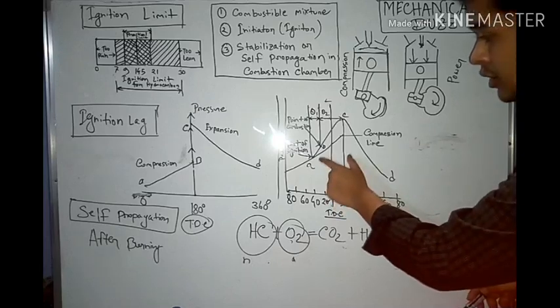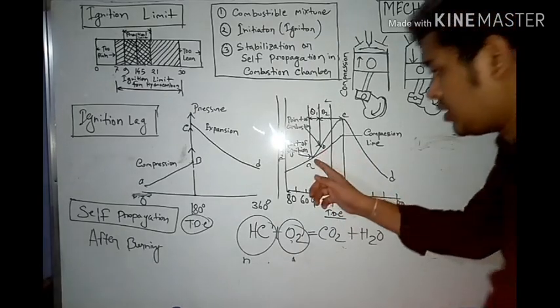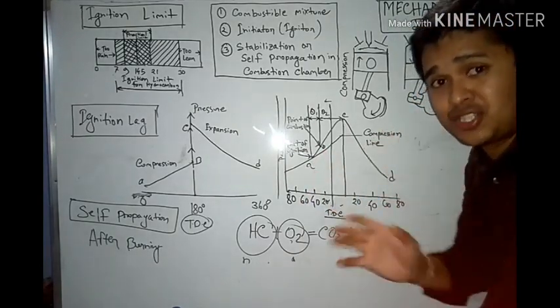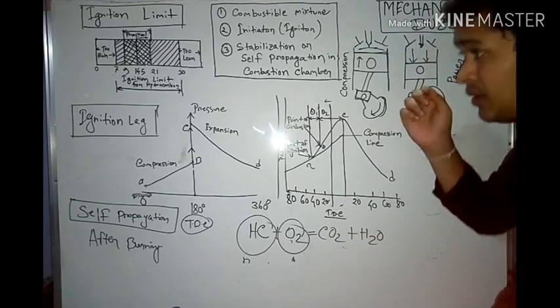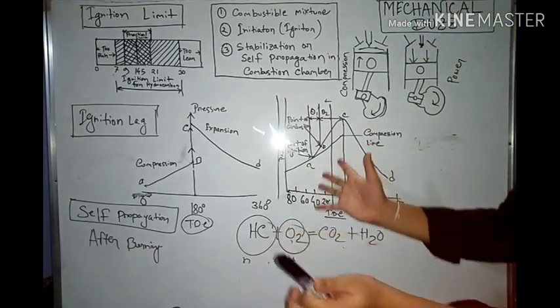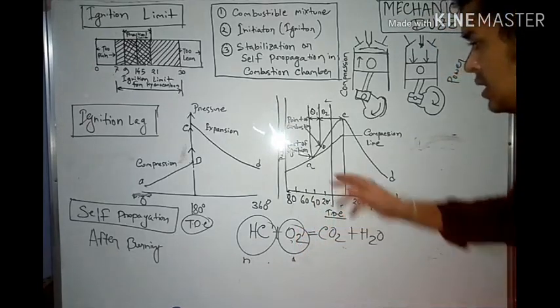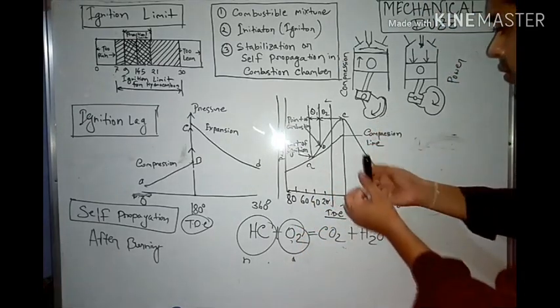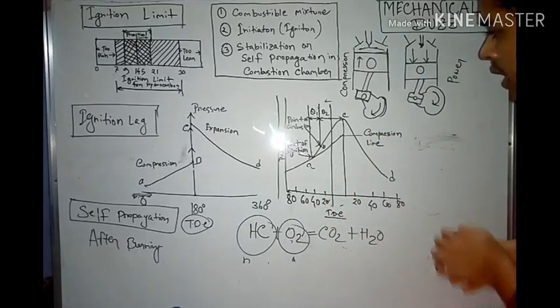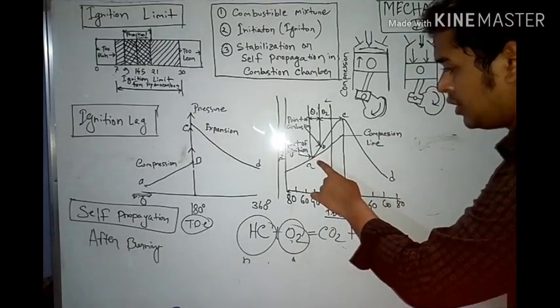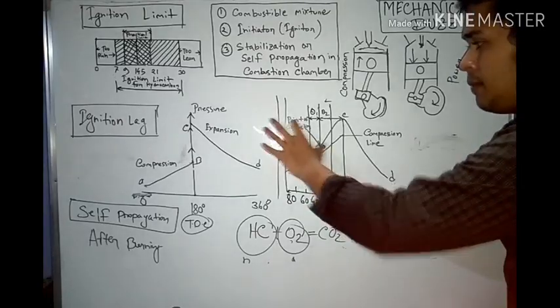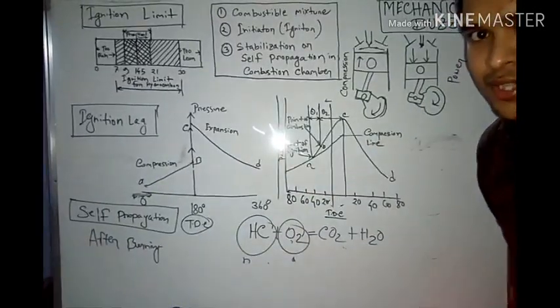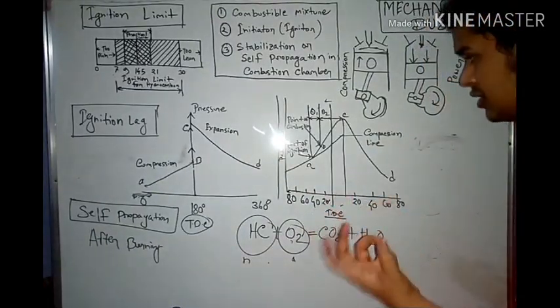Till B, you see that the ignition started, but the combustion hasn't started yet, because the nucleus flame has to spread, as Mr. Richard said to us. So the flame spreads and spreads, and gets self-propagation, and when it reaches point B, the combustion takes place. Okay, listen carefully.